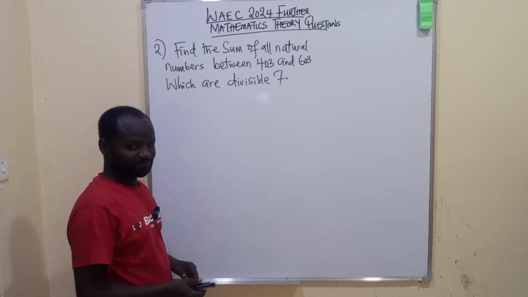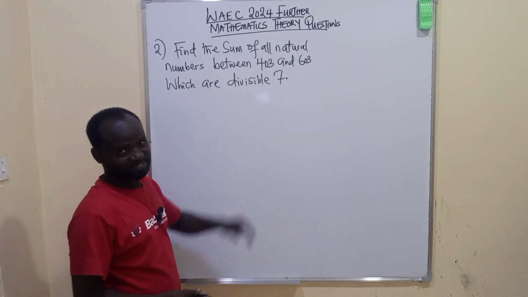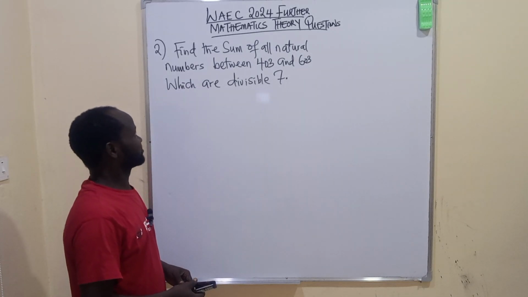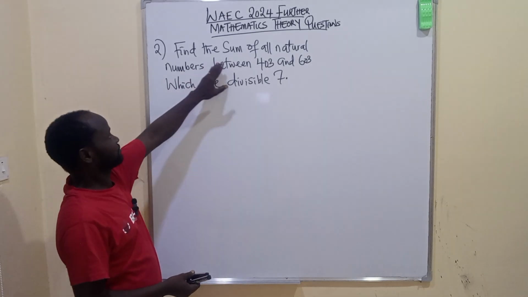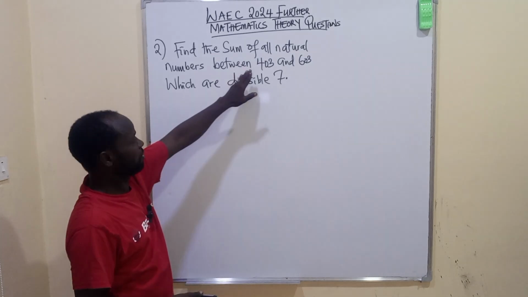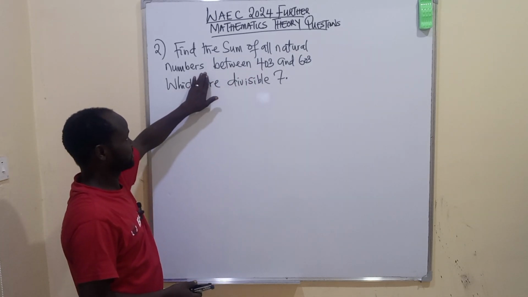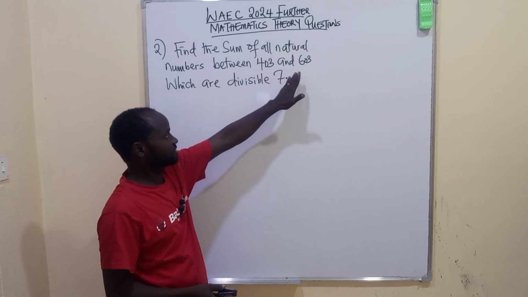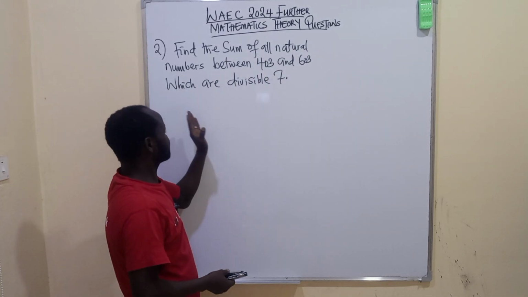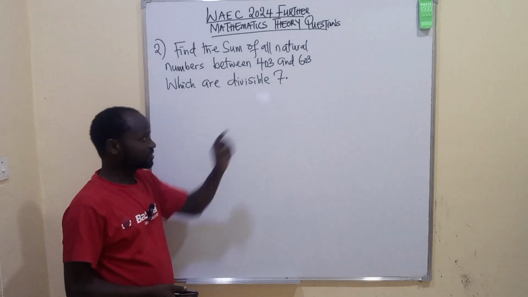This is question 2, and this is further mathematics. Come with me as we solve this problem. The question reads, find the sum of all the natural numbers between 403 and 603, which are divisible by 7.